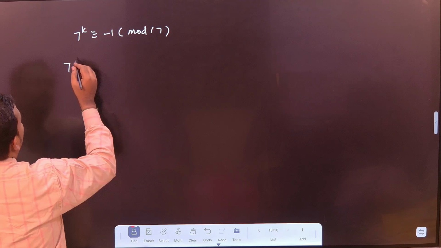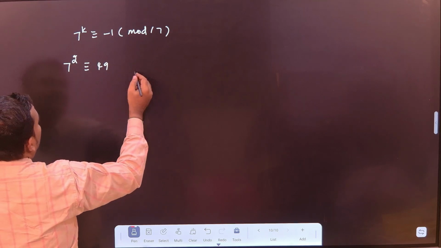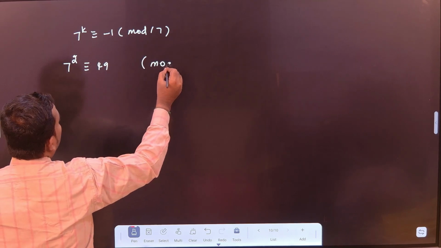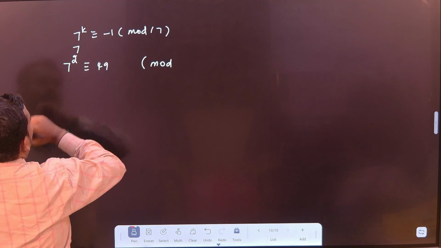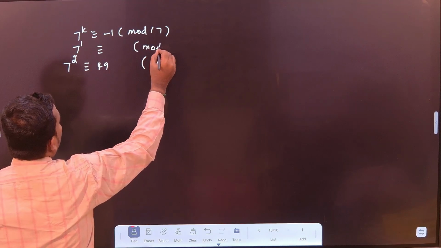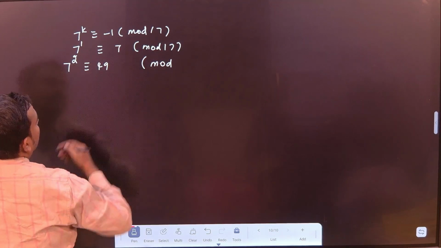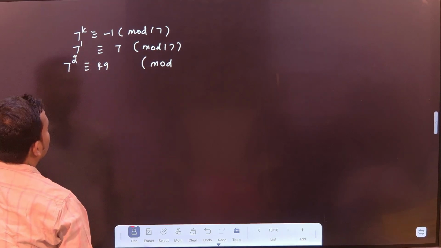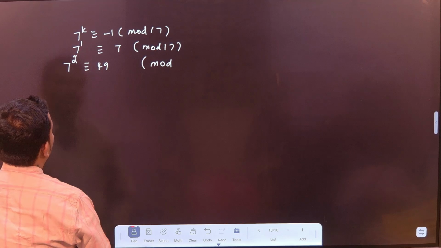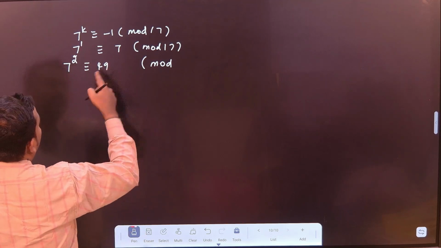But we need minus 1, right? 7 square, if you take, it's 49, 7 into 7.